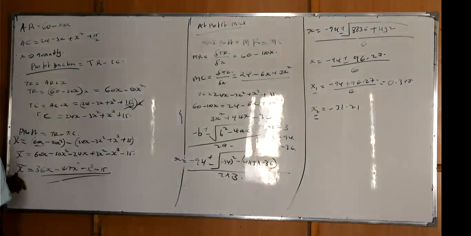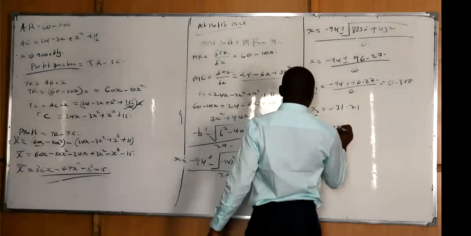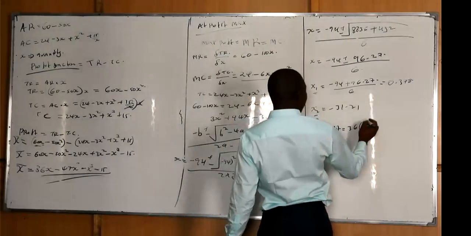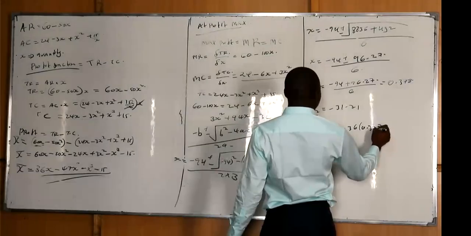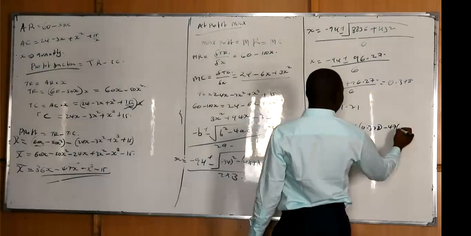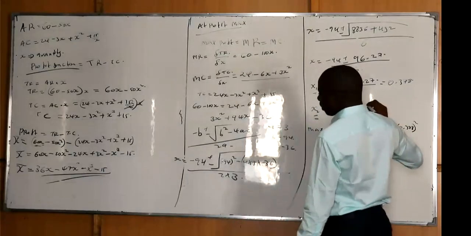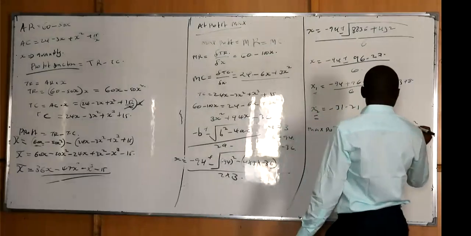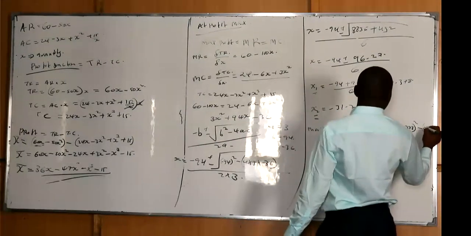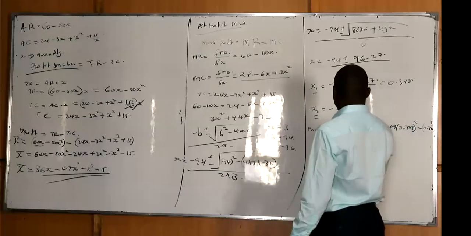So maximum profit is equal to 36x, and x we have found is 0.378, then minus 47x squared, so 0.378 squared, then minus x cubed, which is 0.378 raised to power 3, then minus 15.